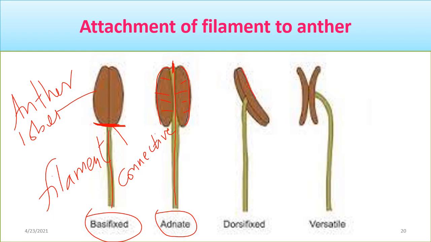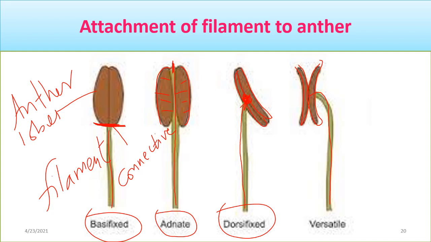Then this is one anther lobe, this is another anther lobe, and this filament is connected to the dorsal portion. This is dorsal position, here you can see, and this is called dorsifixed. Then here you can see that this is one anther lobe. Another anther lobe is completely separate from the first one, and this filament is attached here at a very small sharp point.